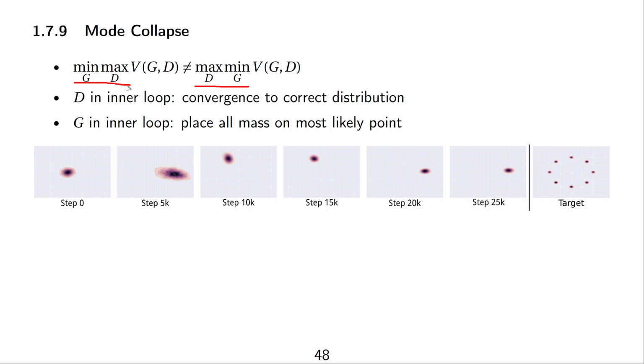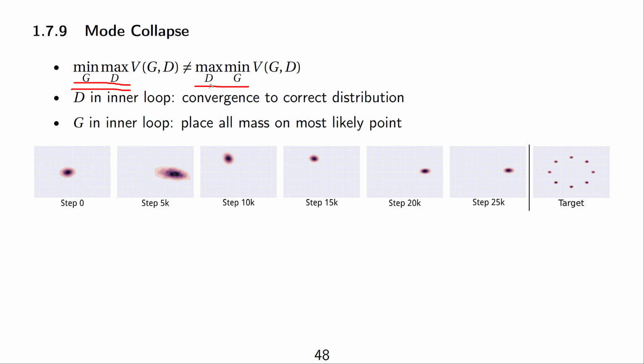In this first version, the discriminator has the control of the inner maximum, that means that the discriminator has basically an advantage, and it can try to figure out what to do when battling the best generator. So therefore the first version converges to the correct distribution.